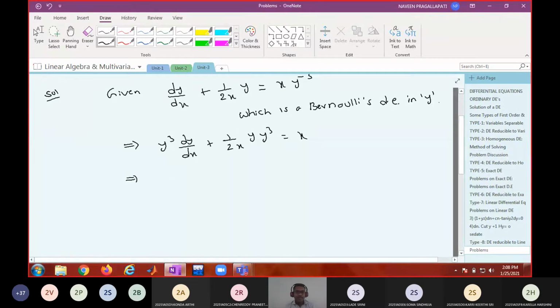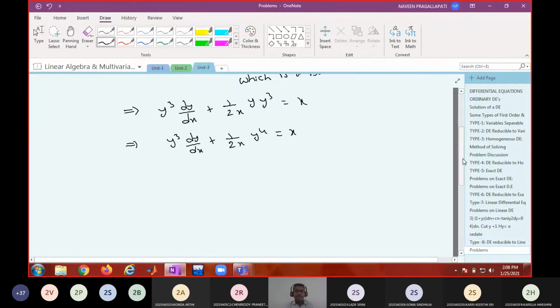Now you got this form of the differential equation. What is the next step? Substitute y power 4 as u. So let y^4 = u.